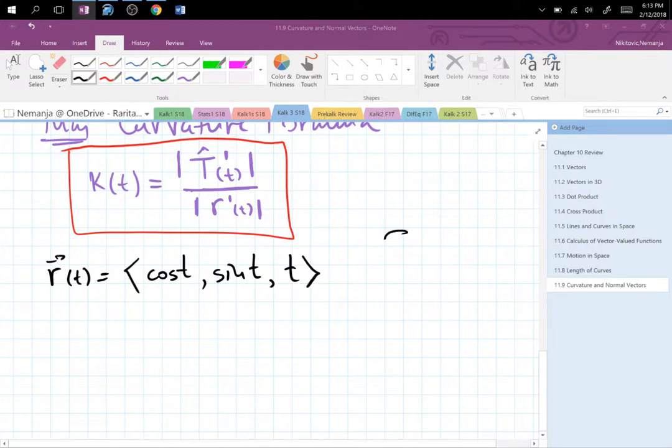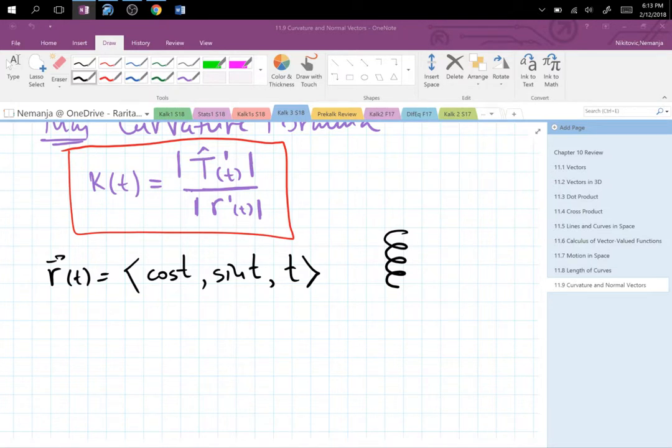So this would be just a regular spring helix. You have the three-dimensional vector valued function that describes this particular helix. You can compute the curvature everywhere around this helix, and if you pin time, let's say t equals 2 seconds or whatever, you will find the curvature at that point.